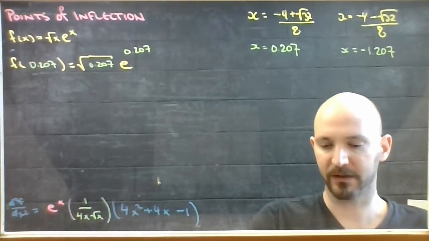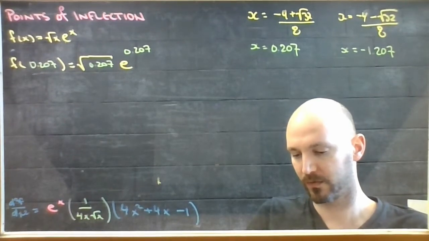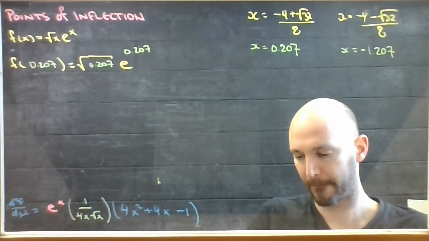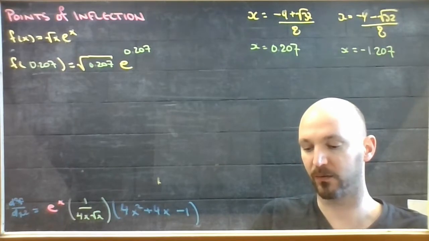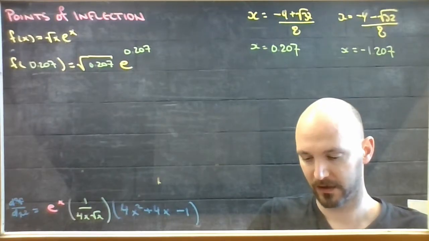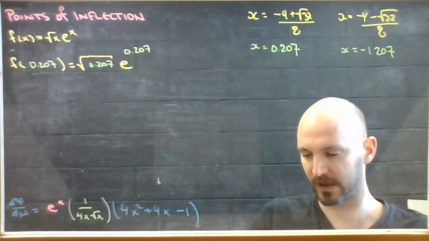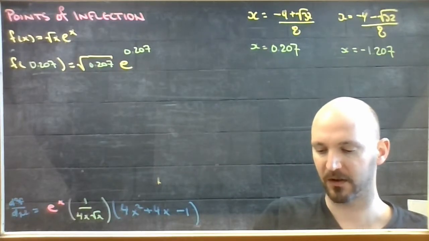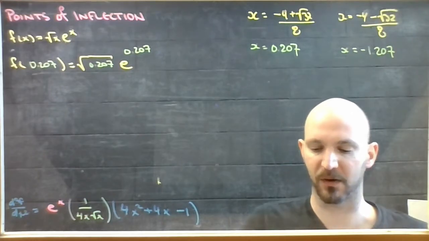Pop that in the calculator. E to the exponent 0.207 is around 1.23 multiplied by the square root of 0.207 gives me 0.5596, so I'm going to round that up to 0.56.